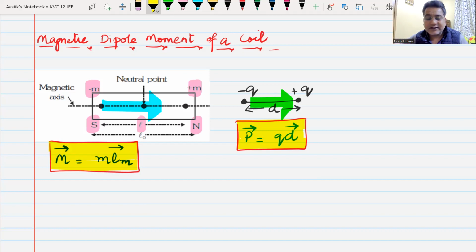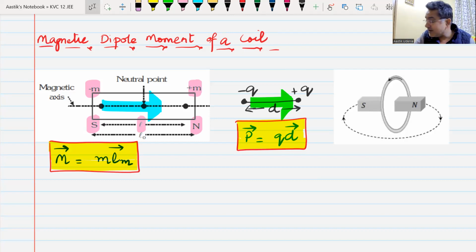Similarly, now we will take that analogy, and wherever you have a current carrying loop or a current carrying coil, we can now take it as a magnetic dipole which has a magnetic dipole moment. A current carrying coil can be understood as a magnet, can be thought of as a magnet.